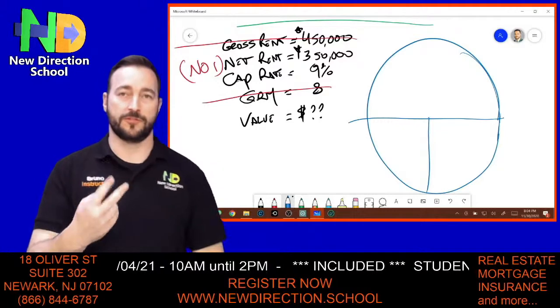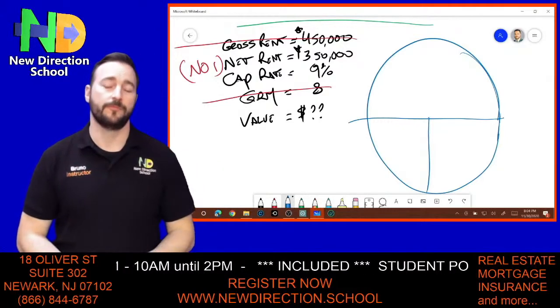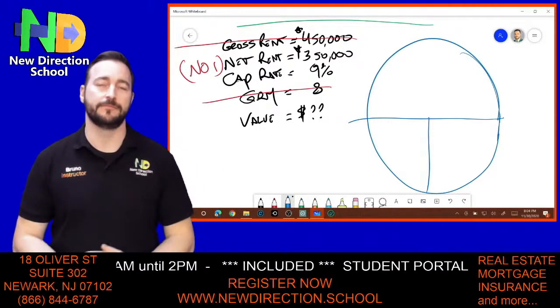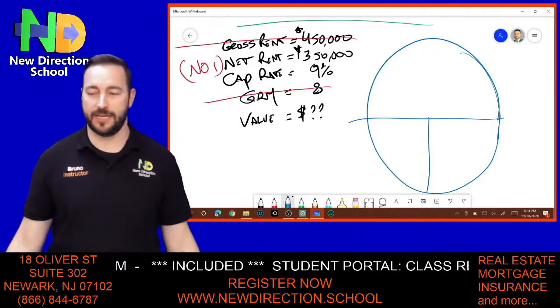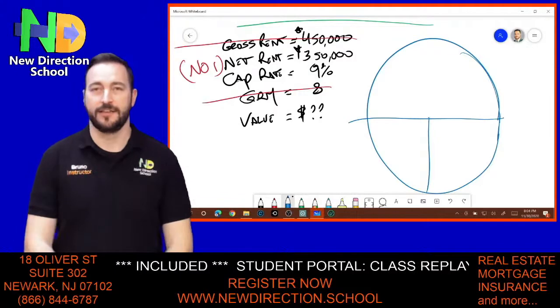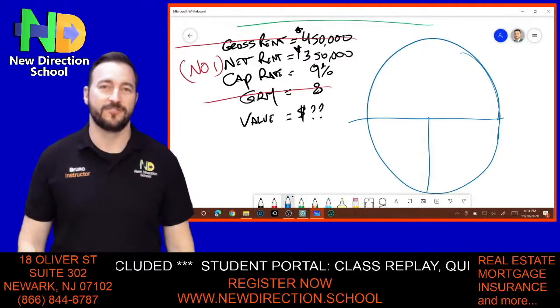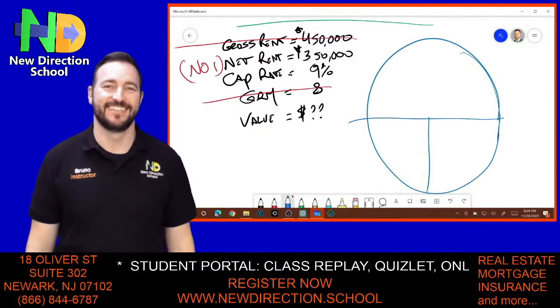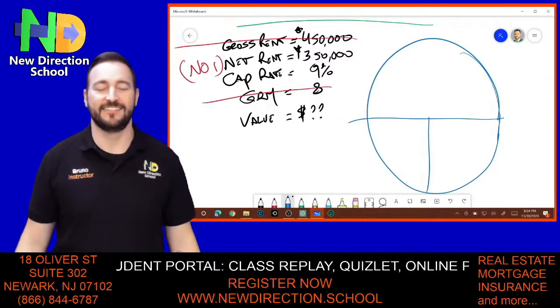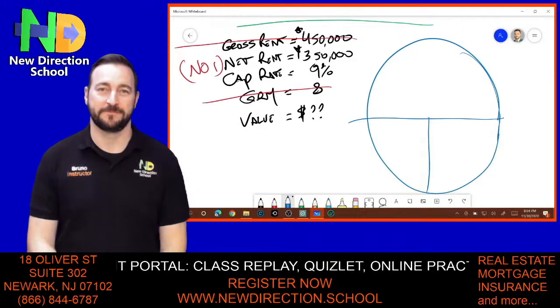We got two numbers. We have NOI, net operating income, right? And we have cap rate. Do not give me answers yet, because I did not ask for them. All right? And you guys are wrong, by the way.